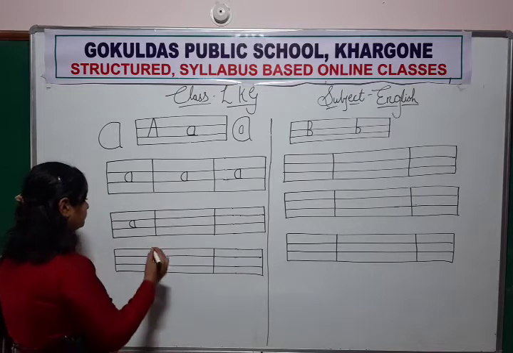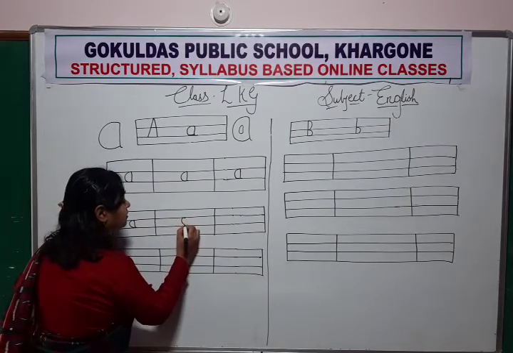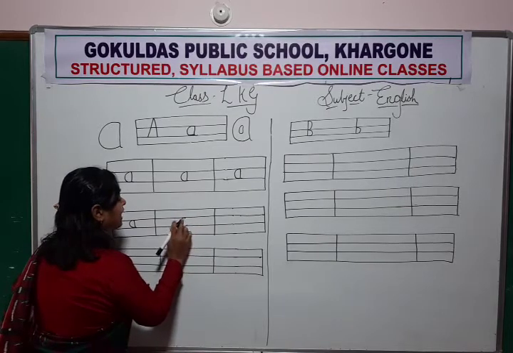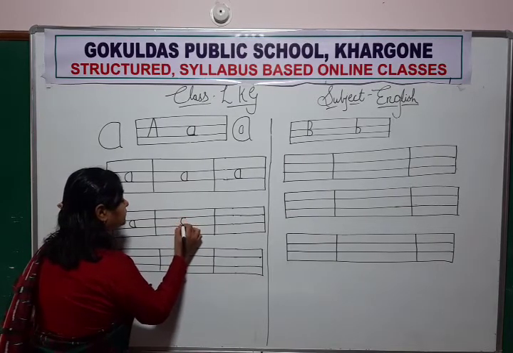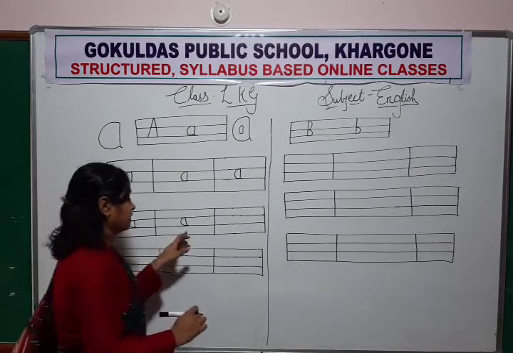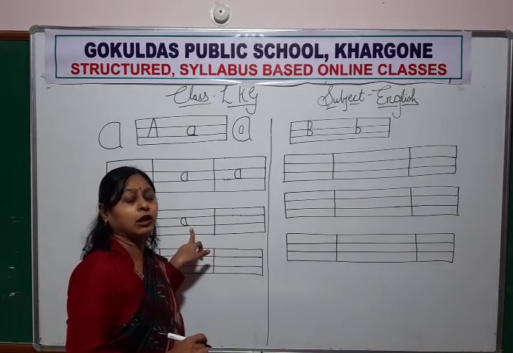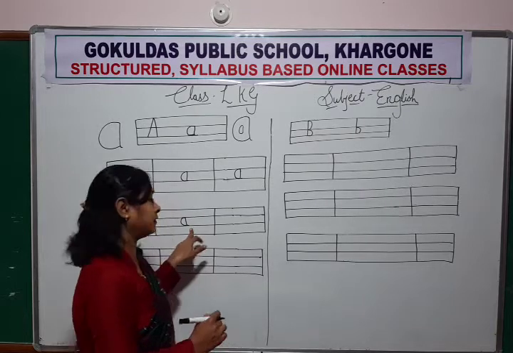Arrow. Again. Half circle, then standing line, half circle, standing line, and tail. Okay, small tail. Which letter is this? Baby A. And sound of letter A is A.